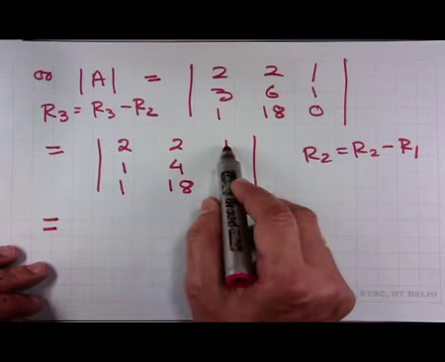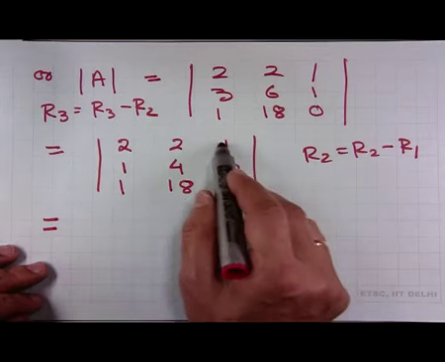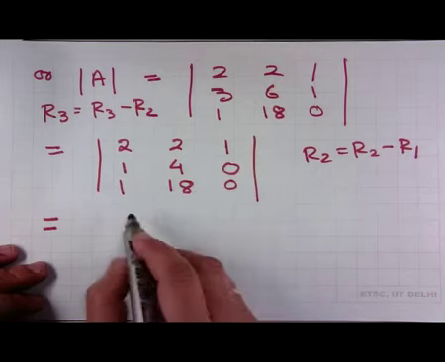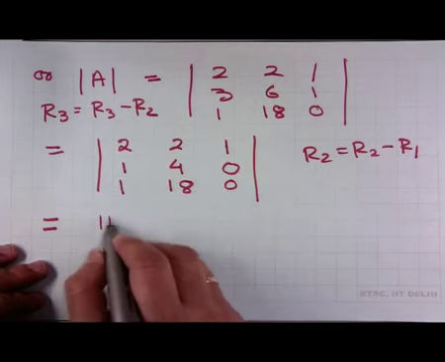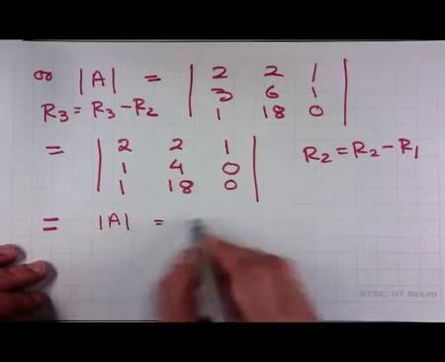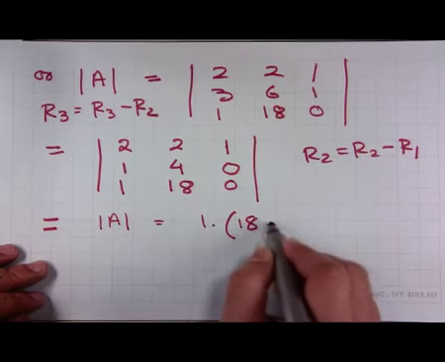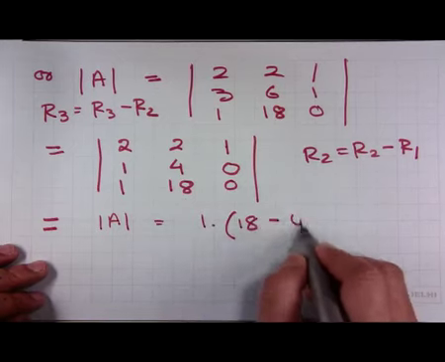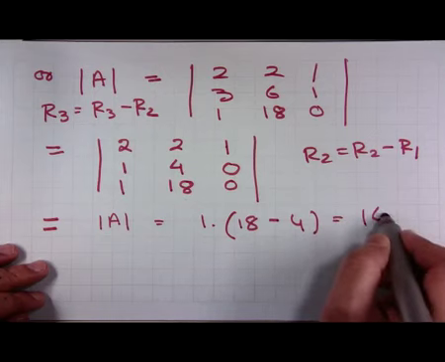Now if I expand along this third column, we get determinant of A is equal to 1 into 18 minus 4 is equal to 14.